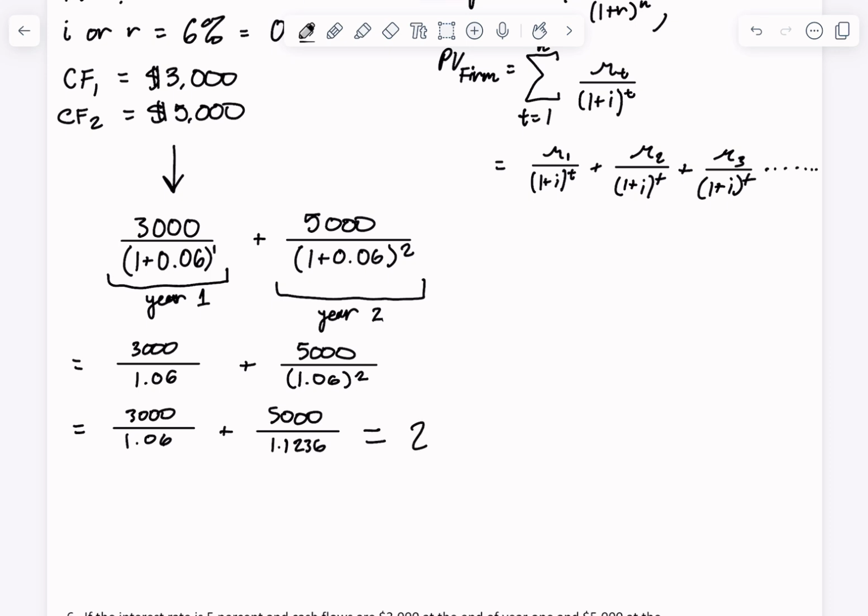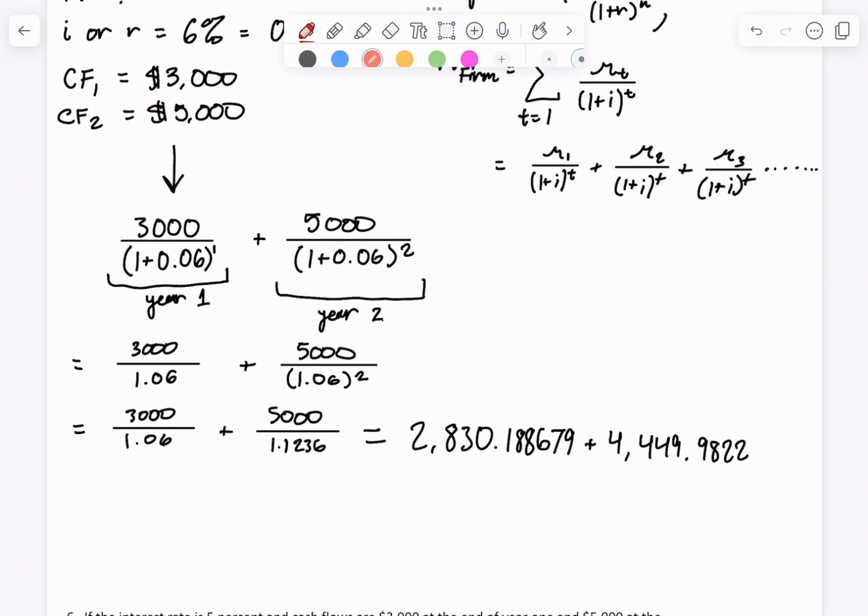So the first part, 3,000 divided by 1.06 is going to be 2,830.1888679 plus 5,000 over 1.1236 is going to be 4,449.9822. So far you might be confused as to why I did not round the decimals.